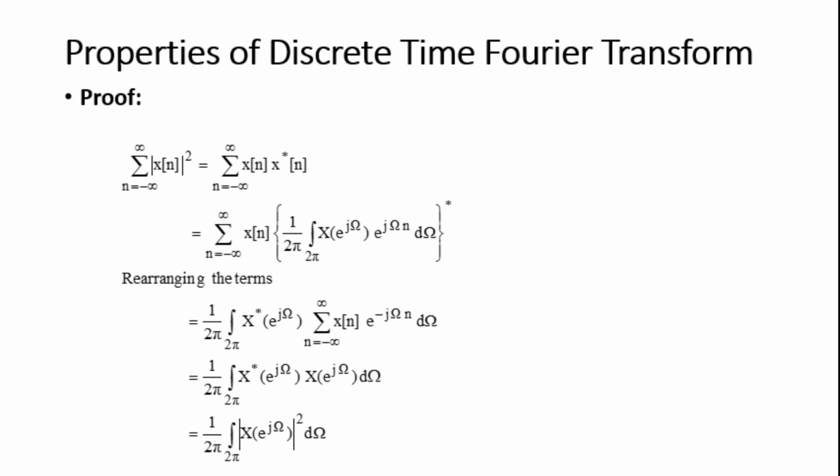Rearranging the terms, we get 1 by 2 pi integration over 2 pi x star of e power j omega into summation n equal to minus infinity to infinity x of n into e power minus j omega n d omega, which is equal to 1 divided by 2 pi integration over 2 pi x star of e power j omega into x of e power j omega d omega, which is equal to 1 divided by 2 pi integration over 2 pi mod of x of e power j omega square d omega.